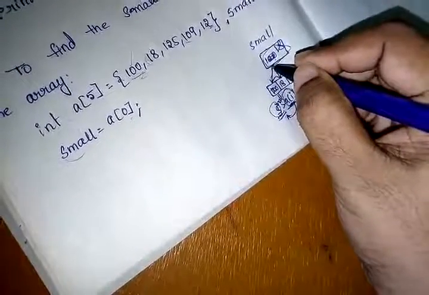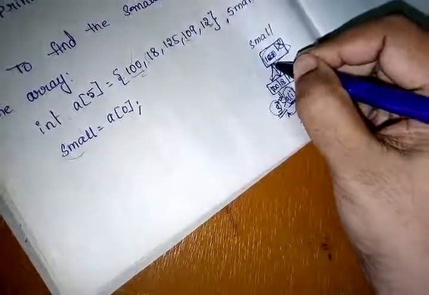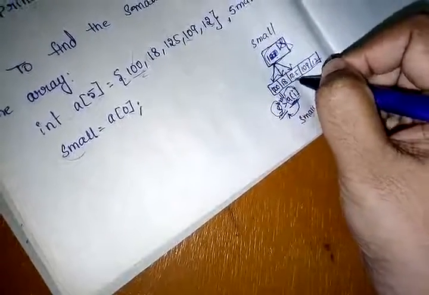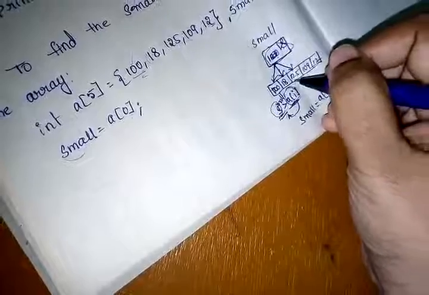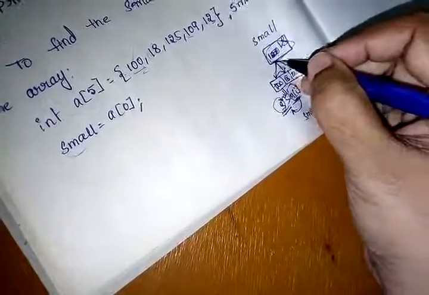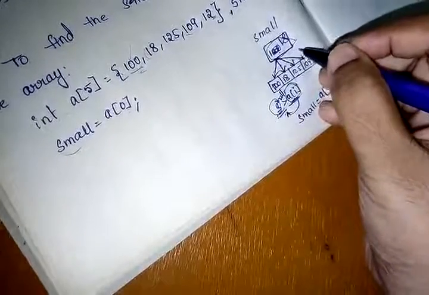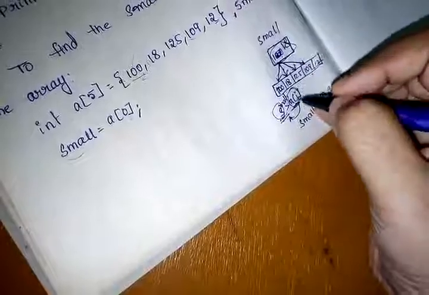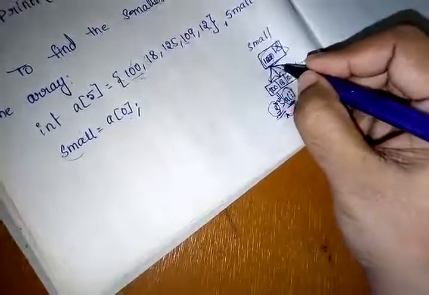So now this 18 will be compared to the next index, that is 125. So 18 is less than 125, condition false. Again go to the next index. So 18 is less than 109, condition false. Go to the next index.